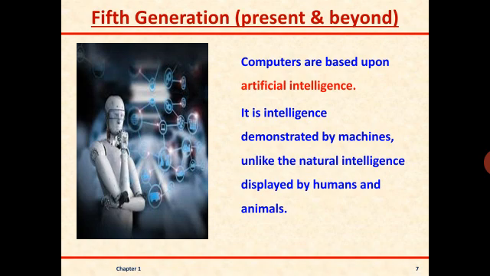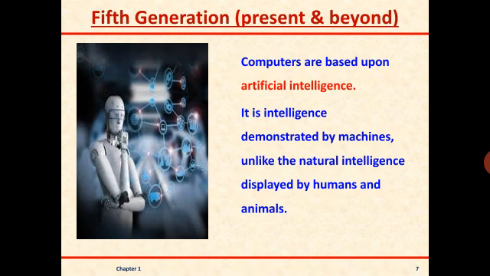We know that human beings are referred to as intelligent animals. Why? Because they have a brain, a powerful machine which performs all sorts of calculations, stores data, and remembers so much data. It is a machine.